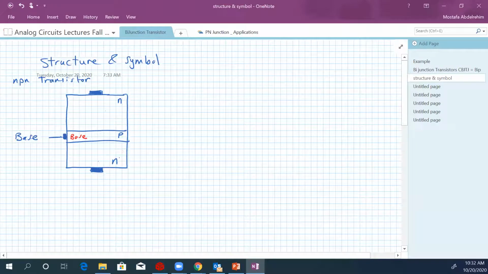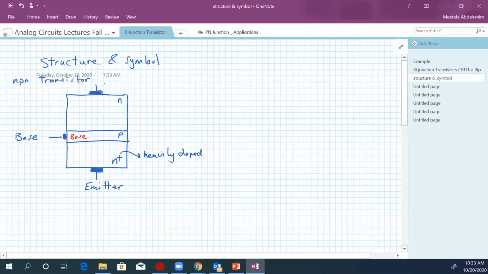Basically, this region here will be heavily doped. I mean, I will put more doping in that region than this region. And this region is called the emitter. As we will see later, this is actually the source of our current.